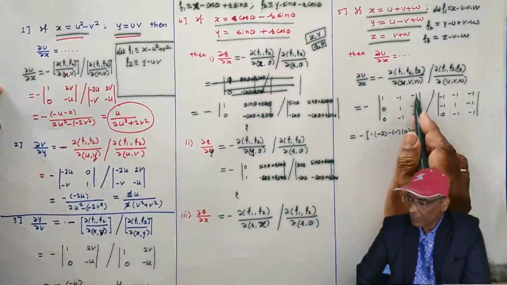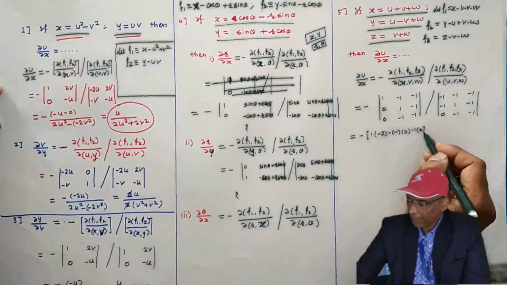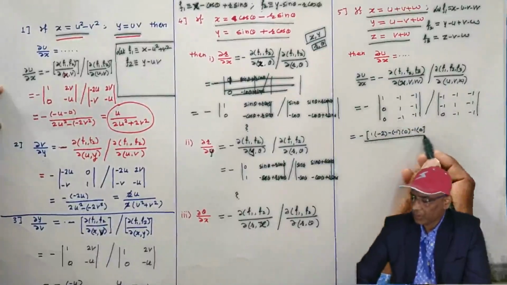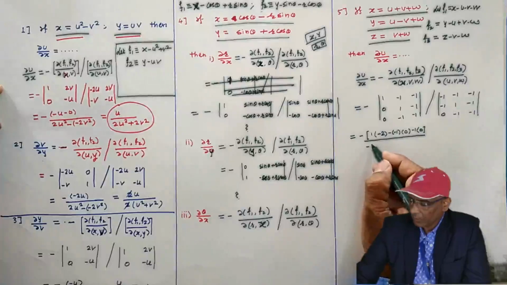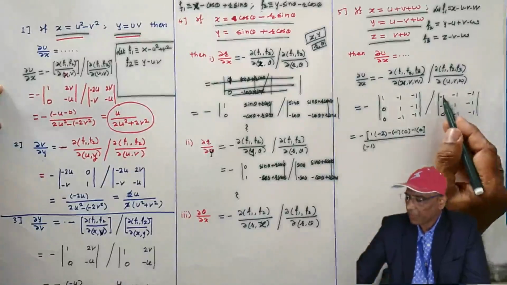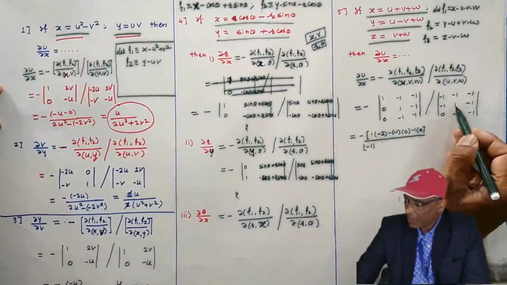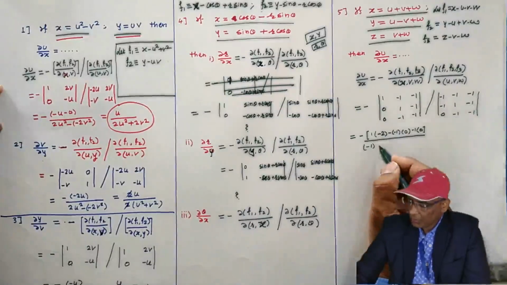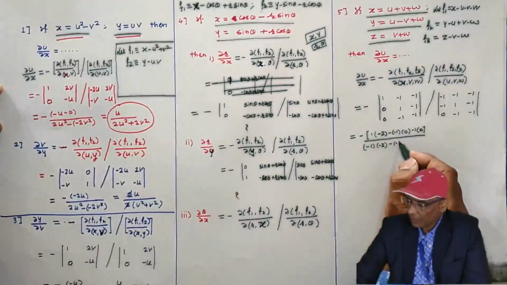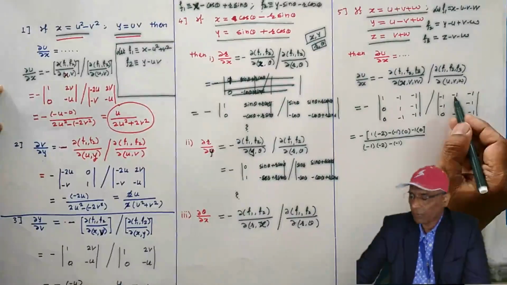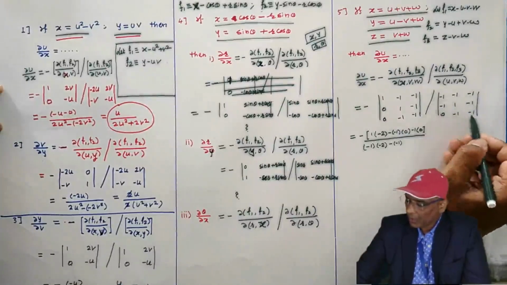Minor of this minus 1, leave this column and row. The product of these 2 and the product of these 2 is 0. Divided by here minus 1, multiplied by, what is the minor of minus 1? This minus 1, leave this row and column, minus 1 minus of minus, which is minus 2. Second element, minor of minus 1, leave this column and row, 1 minus 0.